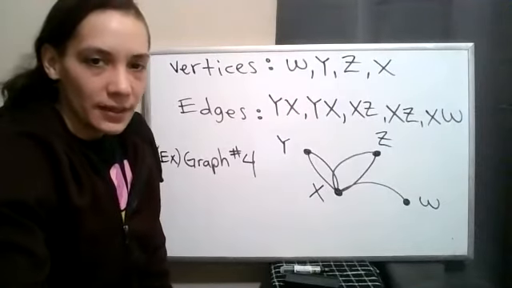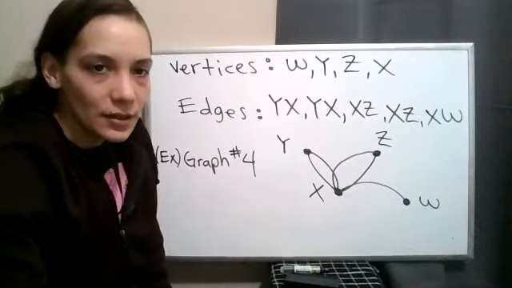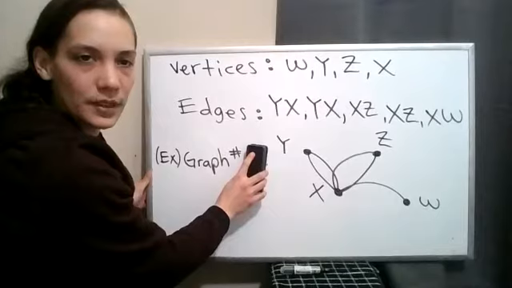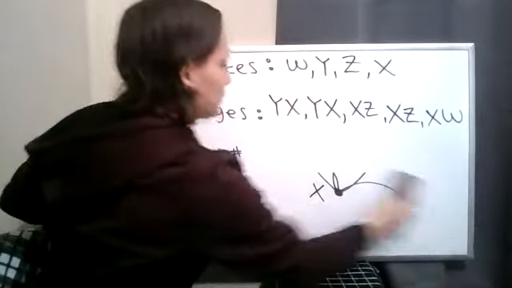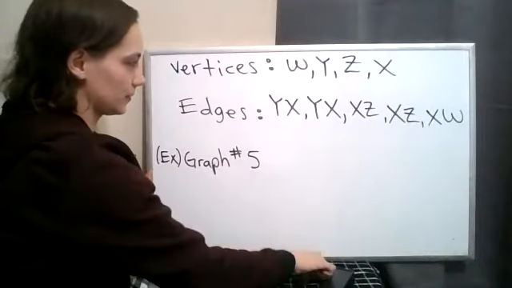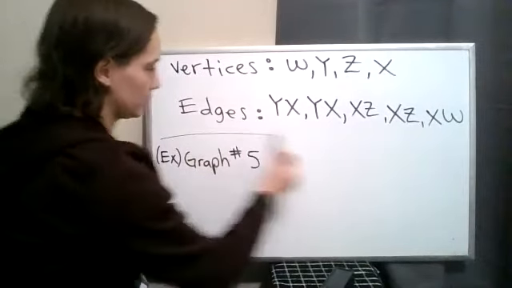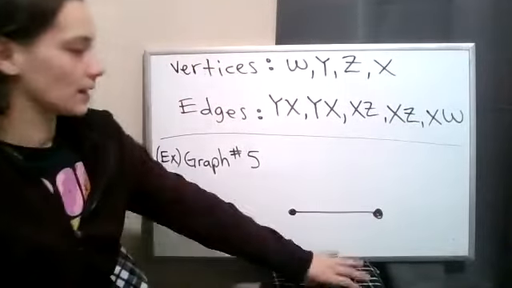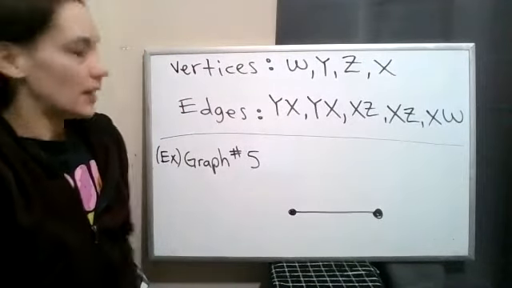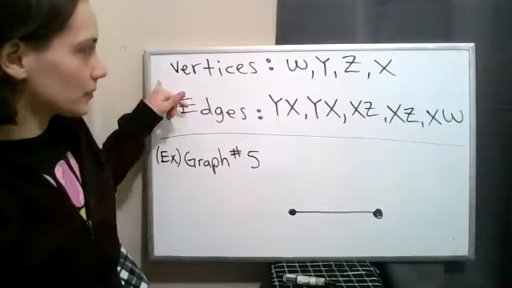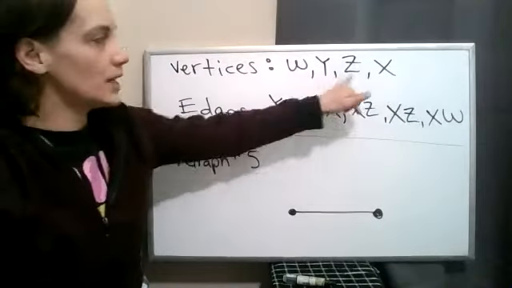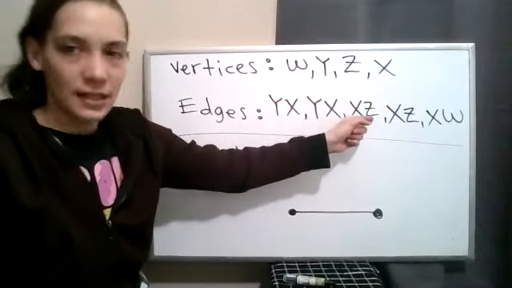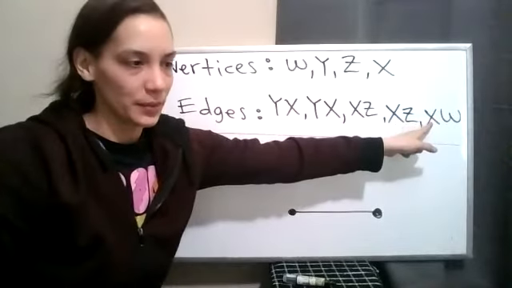And graph number 5 will be kind of a bunch of loops. Okay, so let's just check on that last one. It was W, Y, Z, X as the vertices. Edges are YX, YX, XZ, XZ, XW.